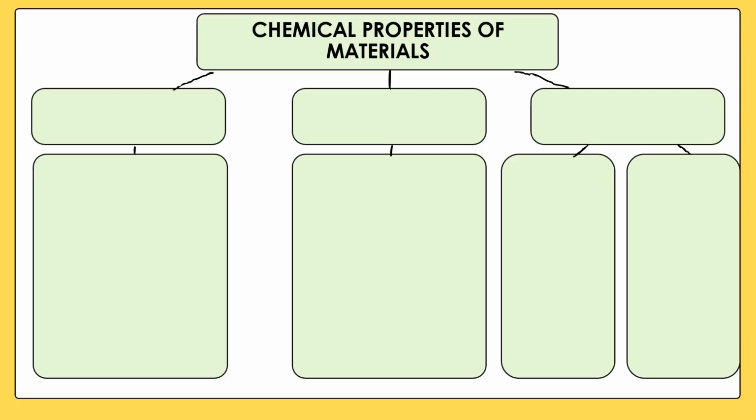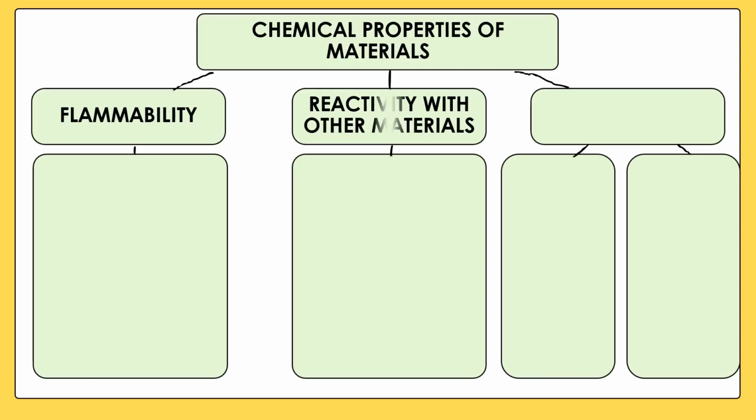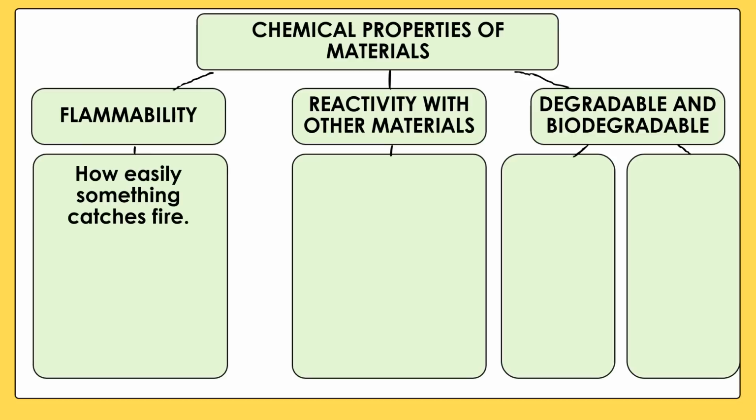And here are the answers. Chemical properties of materials is actually divided into three. Flammability, reactivity with other materials, and degradability and biodegradability. So let's have first the flammability. It means how easily something catches fire.